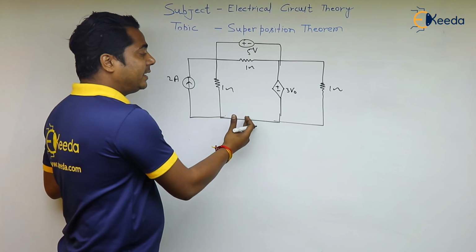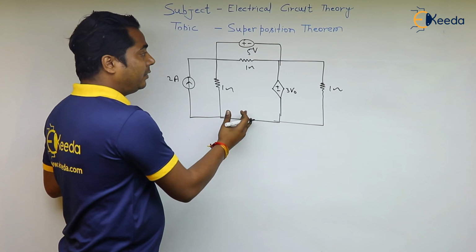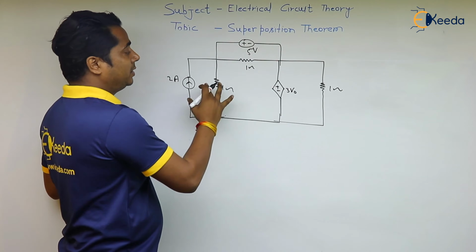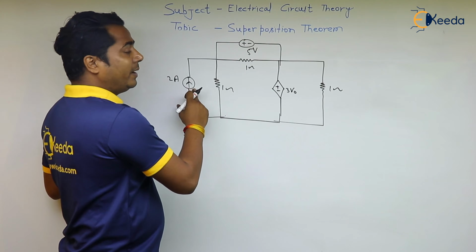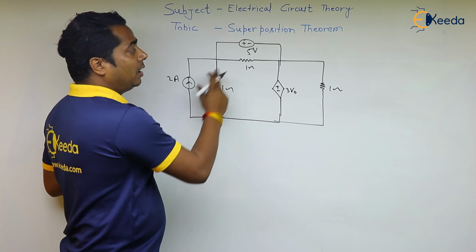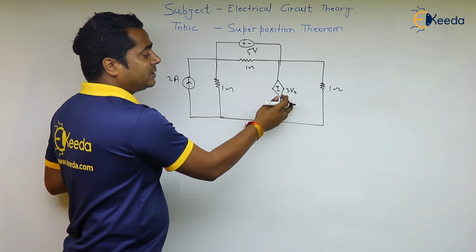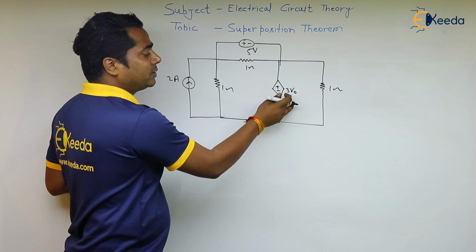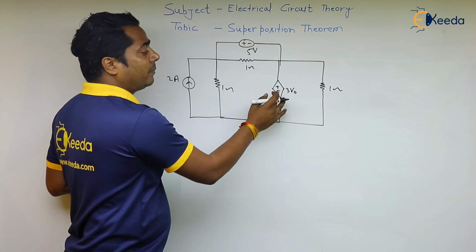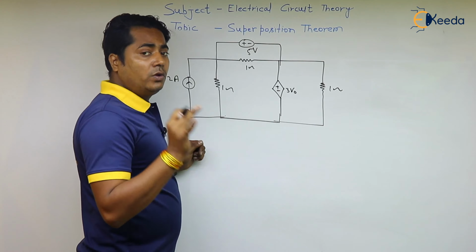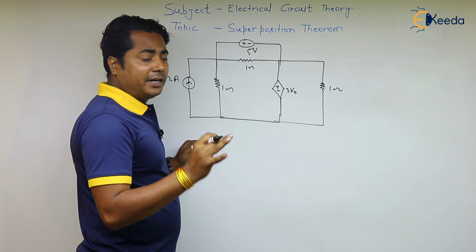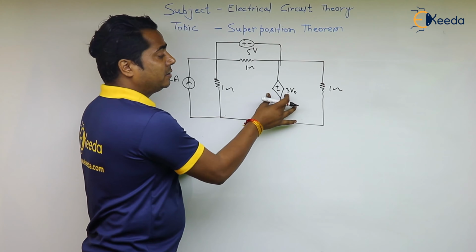If we consider this circuit, then we have 3 sources. First, the 2 ampere independent source, second, the 5 volt independent source, and this 3V0 voltage source, which is a dependent source. But we do not need to write a sub circuit for the dependent sources.